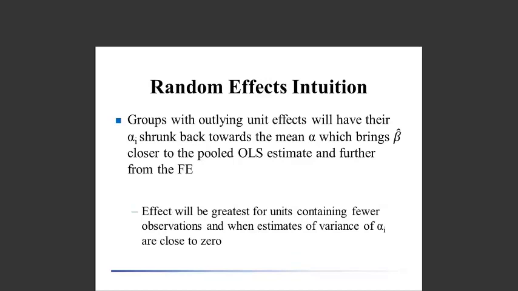Essentially what happens is that groups with outlying unit effects will have their alpha_i shrunk back towards the mean alpha, which brings the estimated beta closer to the pooled OLS estimate and further from the fixed effects estimate. And the effect is going to be greatest for units containing fewer observations and when estimates of the variance of alpha_i are close to 0.